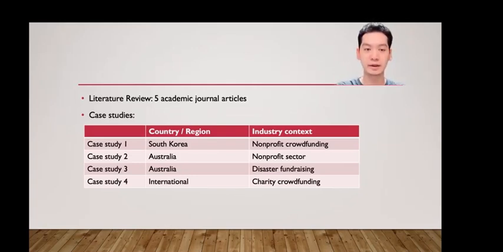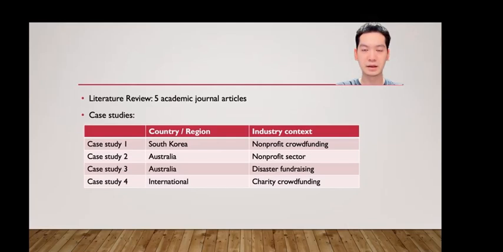To be specific, in the nonprofit sector, there are South Korea and Australia case studies, and also in the disaster fundraising sector and charity crowdfunding sector, I found another 2 case studies to research prospectively.